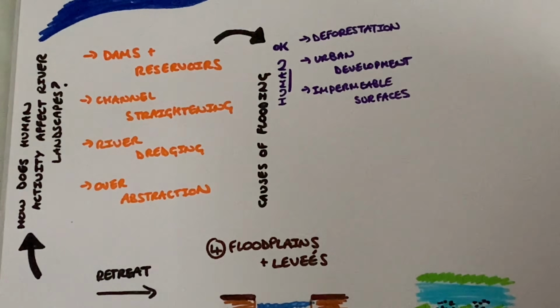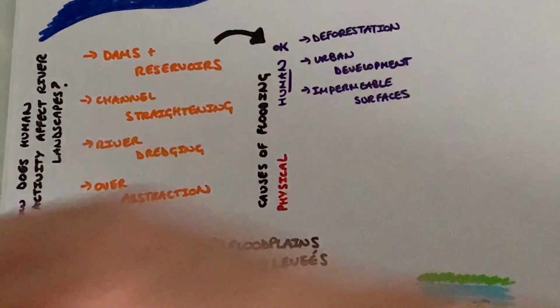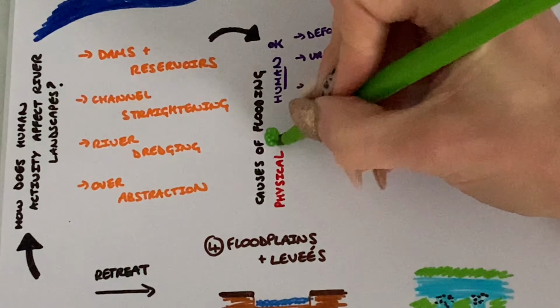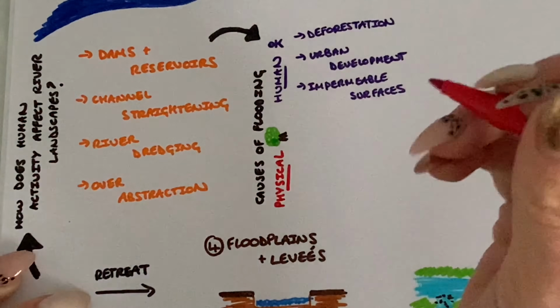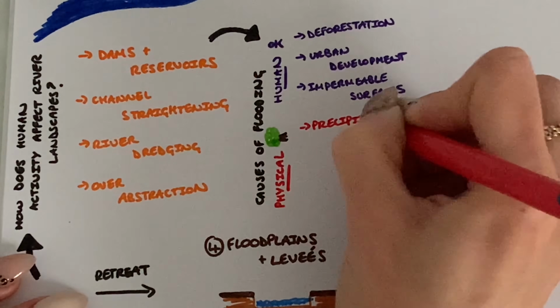Impermeable surfaces and urban development encouraging the introduction of tarmac and concrete, which doesn't allow water to be absorbed into the system, will again encourage surface runoff to raise the water level in the river a lot faster, which is called discharge.